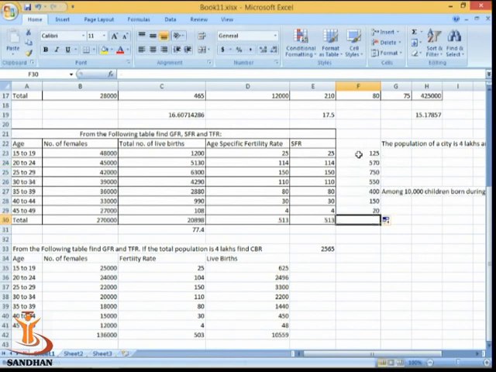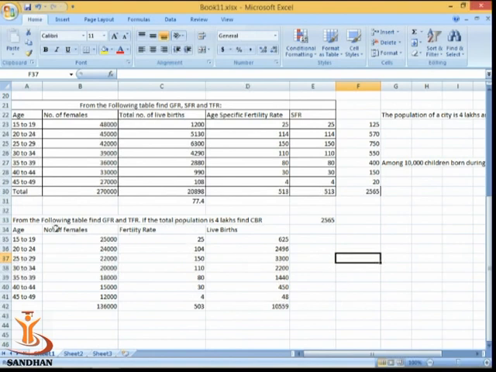So if I now total this, then my answer comes same. So if I do the formula for TFR, summation SFR multiplied by I, or if I do SFR into I, then outside summation, summation bracket SFR into I, bracket over, then also my answer is same, because my age group interval is same, 5 years.